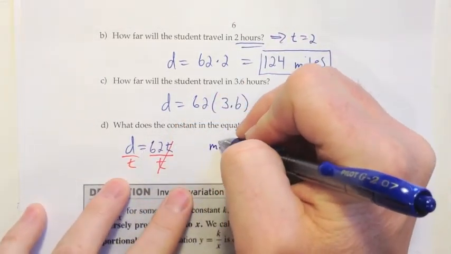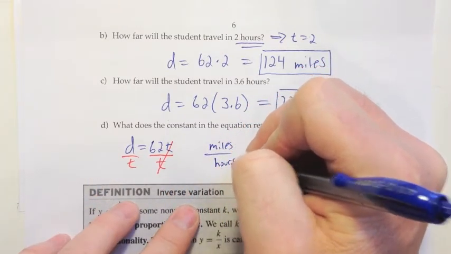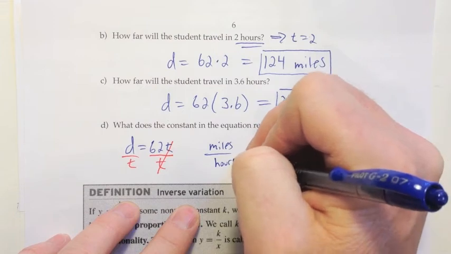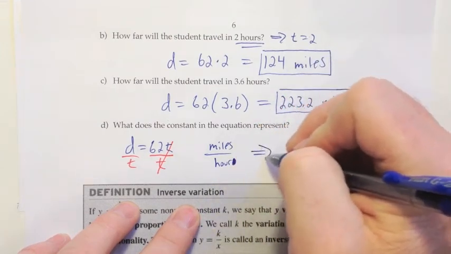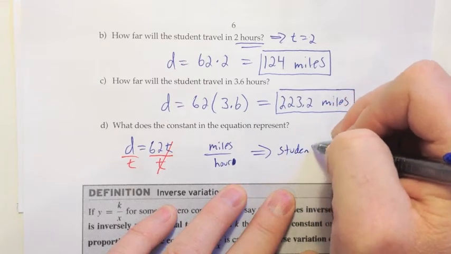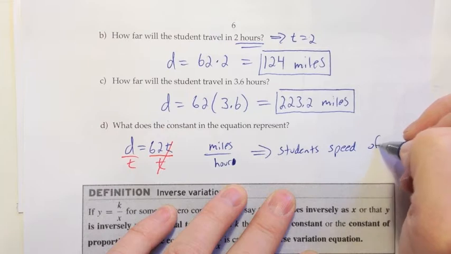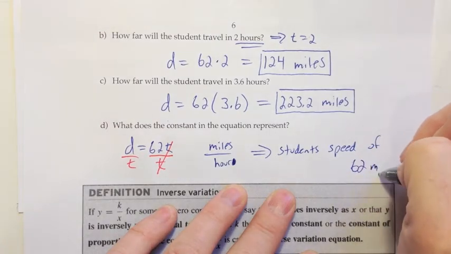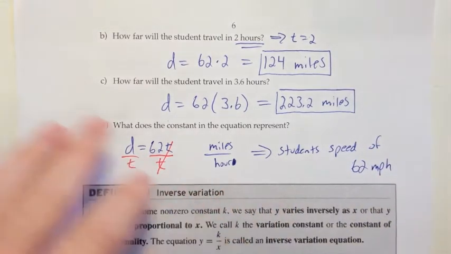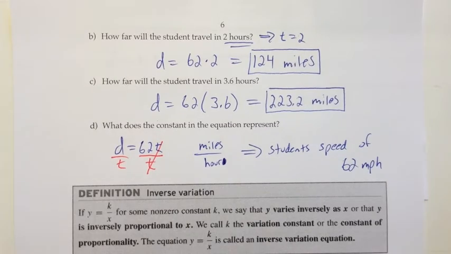So on the top we have miles, and on the bottom we have the time, which is measured in hours. So we have miles per hour right there. So I would say that that represents the student's speed, and that it's 62 miles per hour. So when we are asked to interpret that constant, if we look at the units, that'll usually give us a pretty good idea of what's going on there.